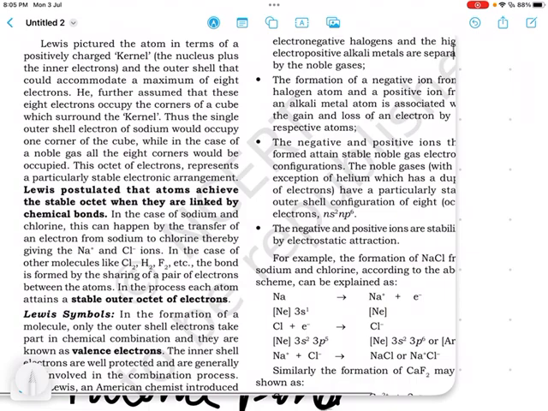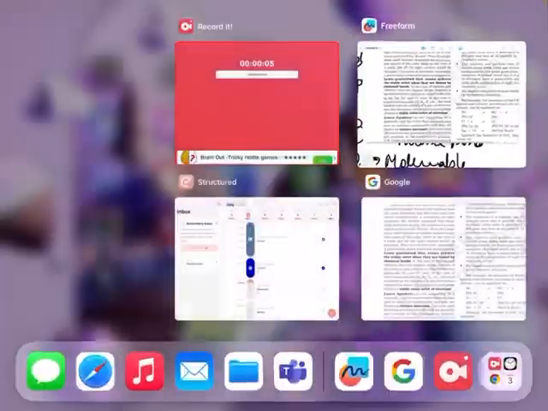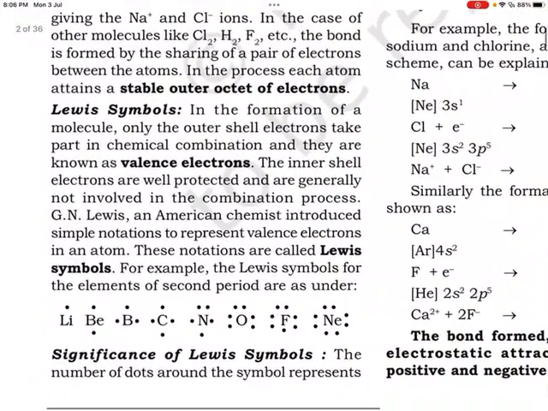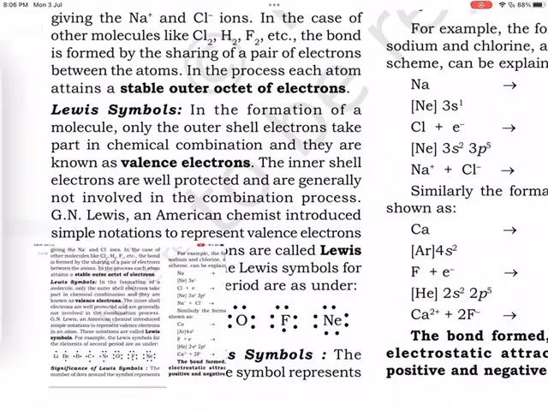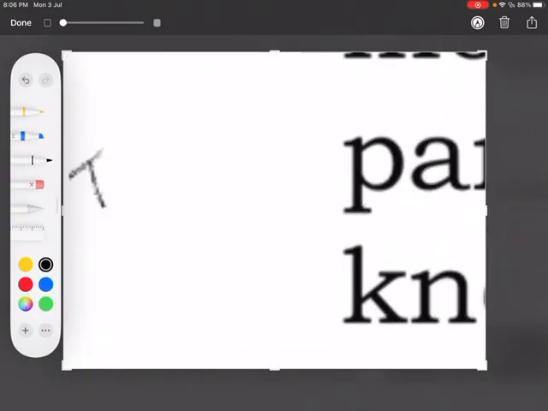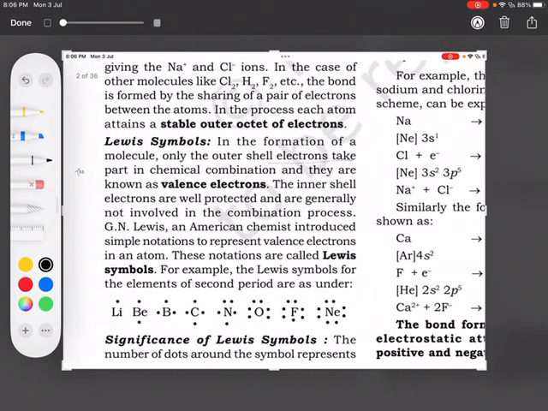So let's see the Lewis symbol. In the formation of a molecule, only the outer shell electrons take part in the chemical combination, and they are known as valence electrons.